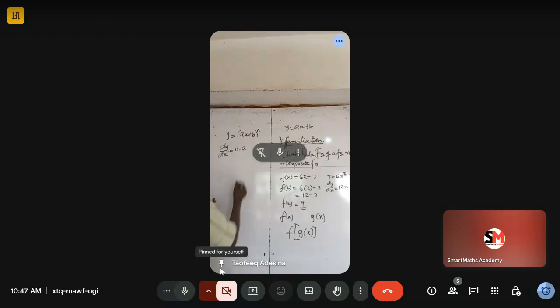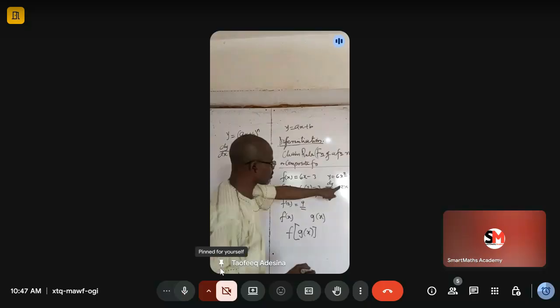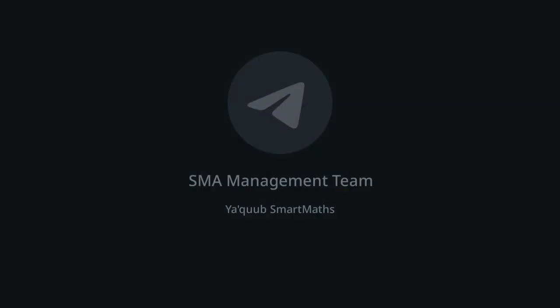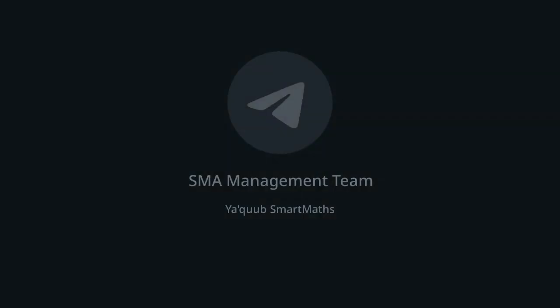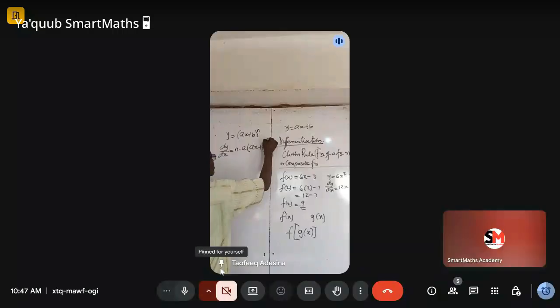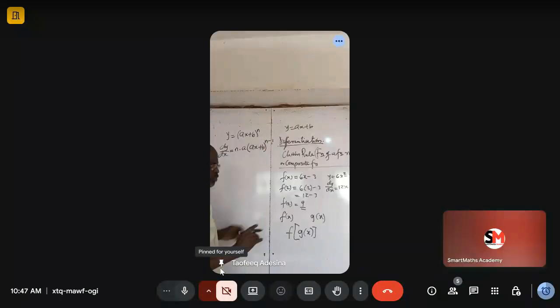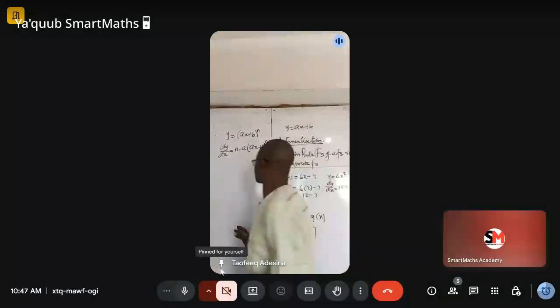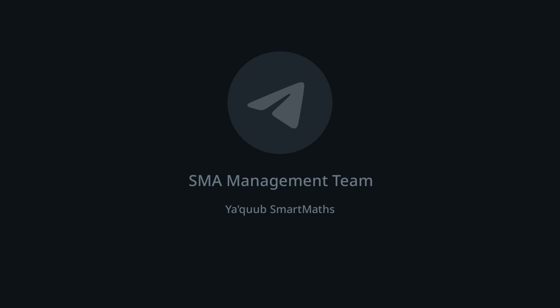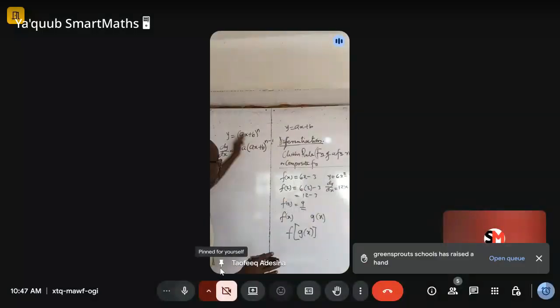Then don't forget that we subtract 1 from the power. That will now be n times a times (ax plus b) raised to power n minus 1. Don't worry, I'm going to give you an example. I will explain everything in detail. I want you to understand the basic principle. Understand this one, and the other rules are very easy.